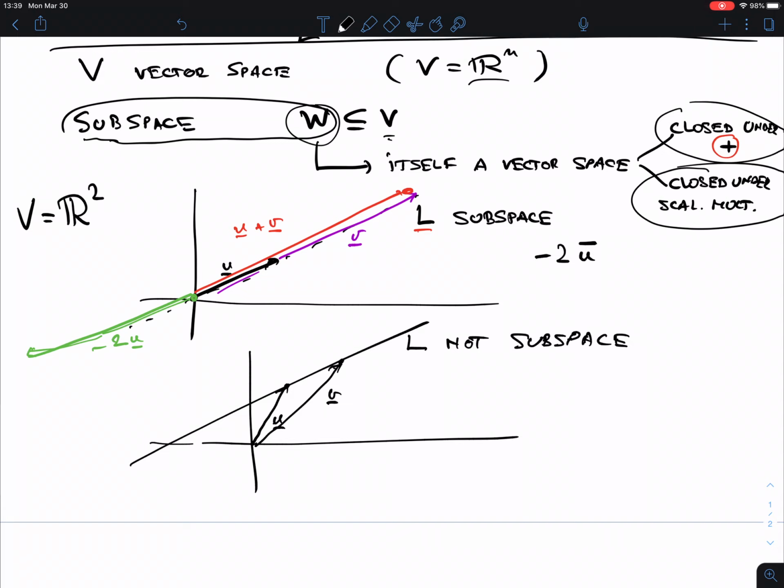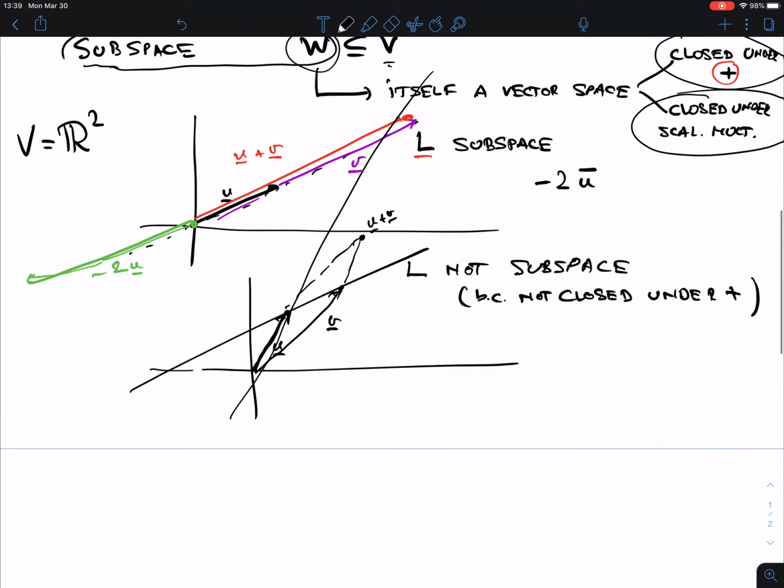Dear, I'm very bad at drawing, even if it's on a thing like this. So something like that, I hope, right? So here is u plus v. Well, we're no longer on the line. So it's not closed under sum. It's also not closed under multiplication. If I multiply this vector u with, say, 2 or 3, I end up on a vector that lies on this line, but not on the original line.